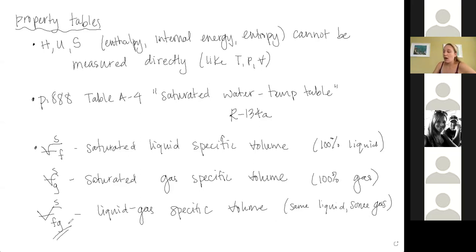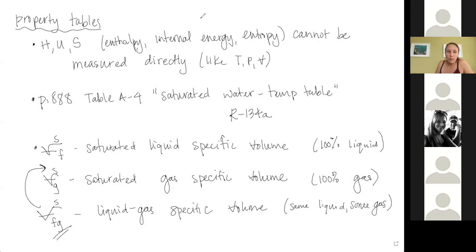This is a very common thing that we're going to be calculating, because a lot of systems aren't entirely liquid or entirely gas. There's some combination of both. As you can probably guess, the specific volume of your liquid gas mixture is going to be a value between these two values.